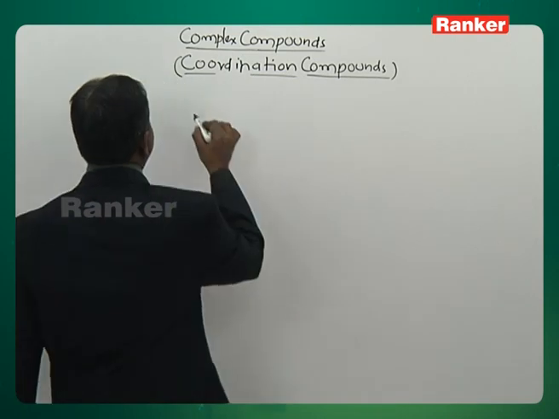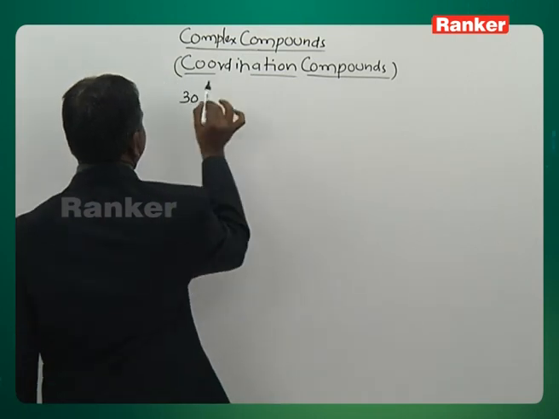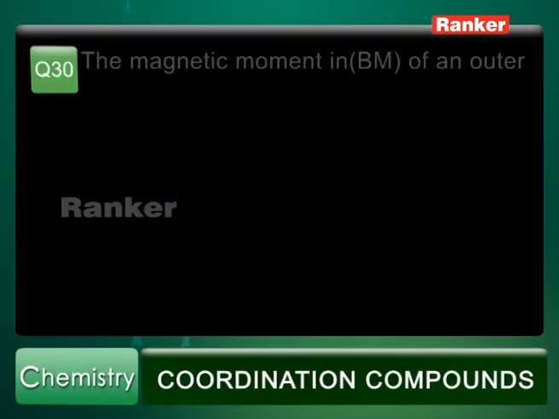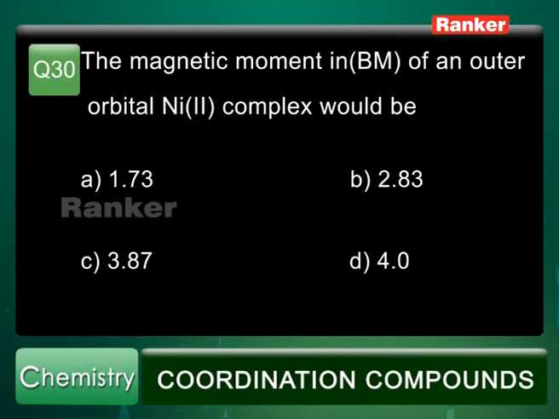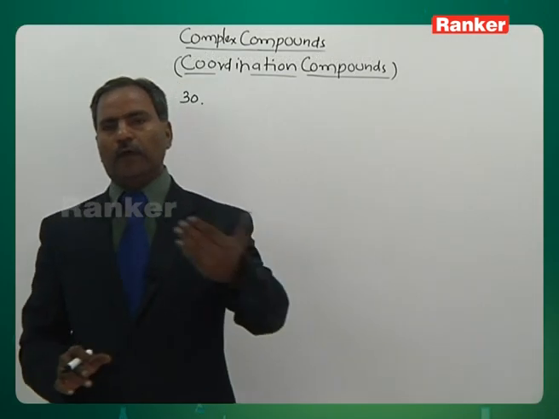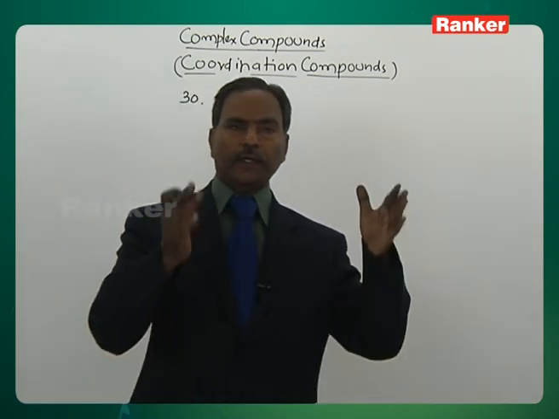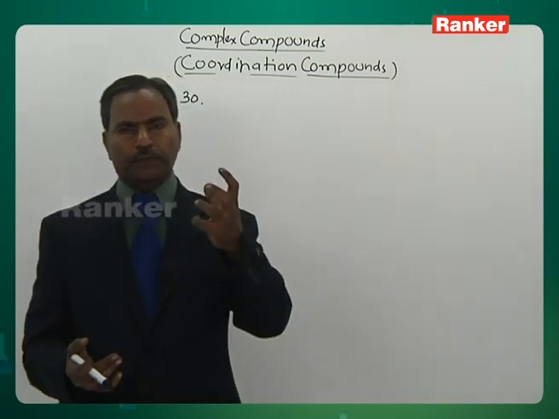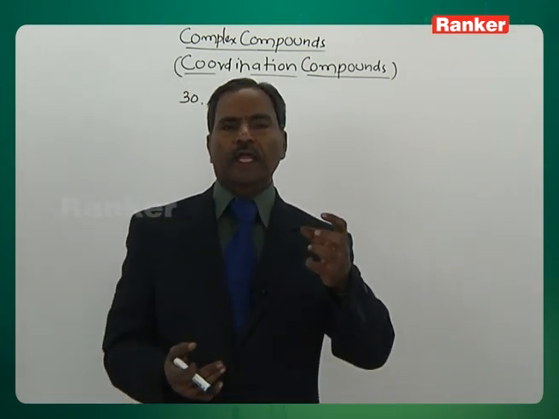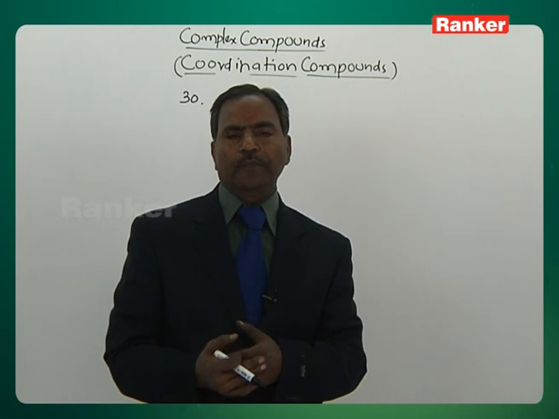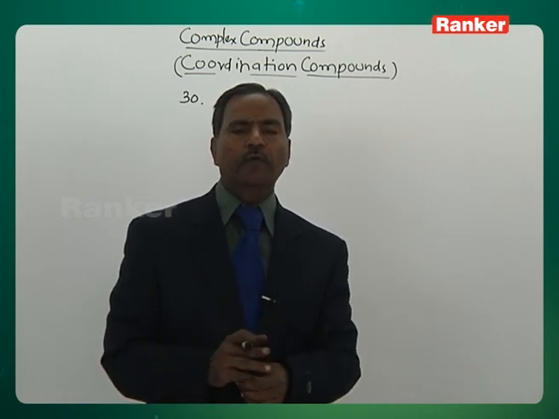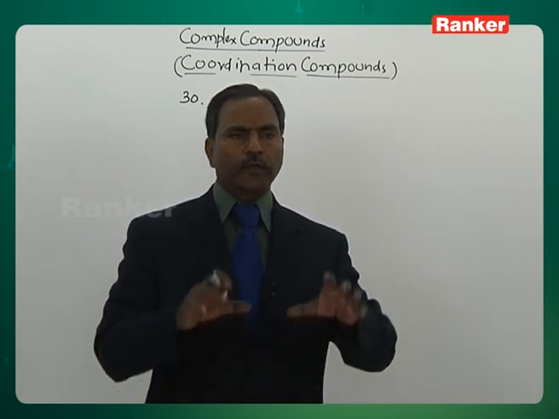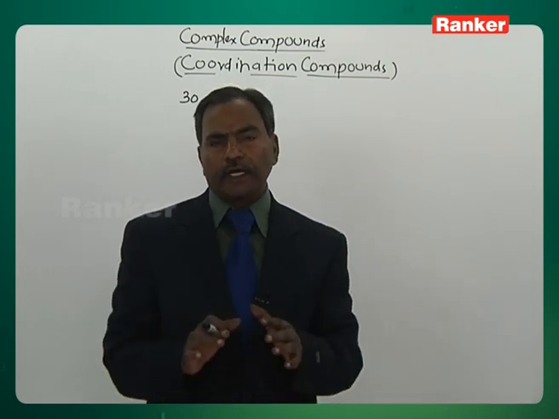Next, question number 30. The magnetic moment in BM of an outer orbital complex of nickel 2 would be? Nickel 2 complex, whether strong field or weak field, tetrahedral geometry or coordination number 4 or 6, we already discussed. Nickel plus 2 means d8.